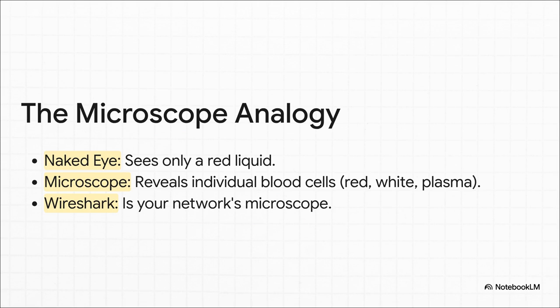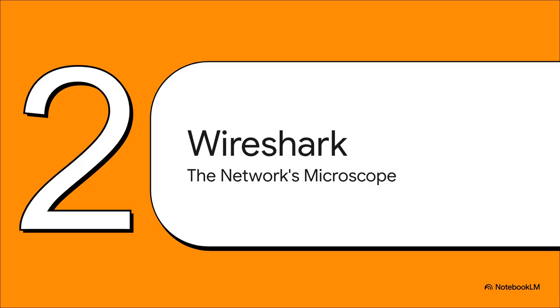But you put that under a microscope and boom, a hidden universe just opens up. You see the individual red cells, white cells, the plasma, all working together. Wireshark is exactly that, but for your network. It lets you see the individual data packets that make up that huge invisible flow. So, let's get a closer look at this digital microscope, this amazing tool that gives us such powerful vision.